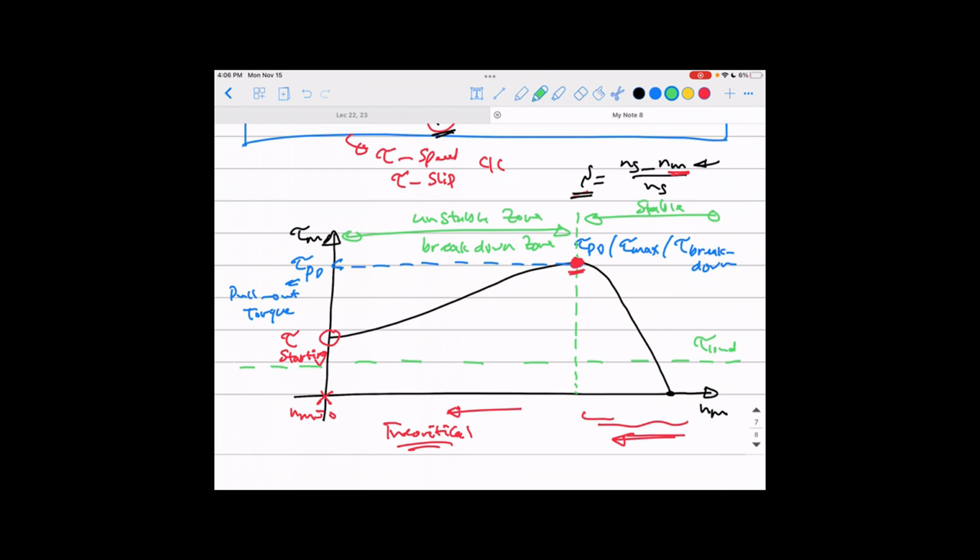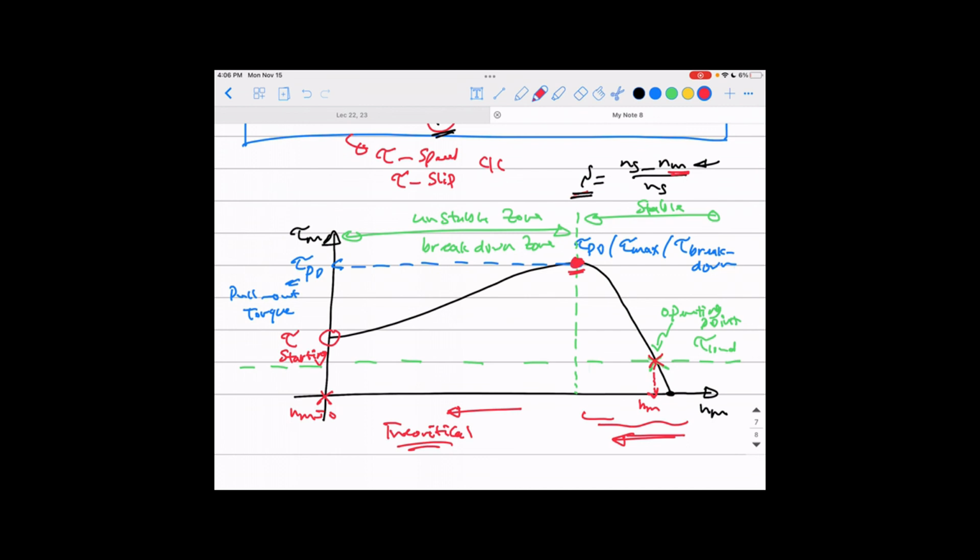Now the intersection of both of them gives you what we call the operating point, the intersection of the torque speed curve of the motor with the load torque. This gives you how much torque the motor is actually producing now, and from this you can go down here and find which actual speed you're working at.